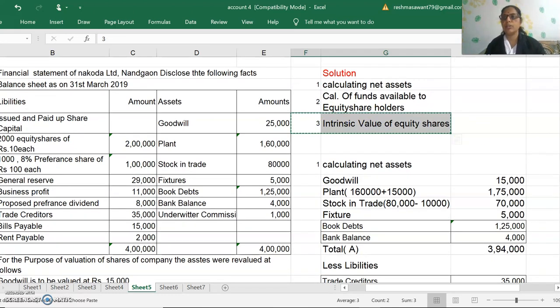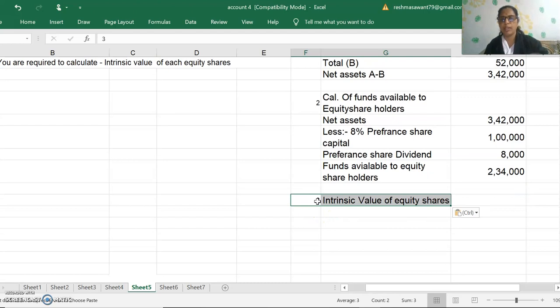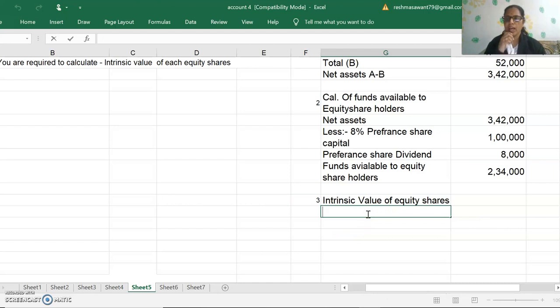It is just the use of a formula. So the third point or the formula: intrinsic value of each equity share is equal to funds available to equity shareholders divided by total number of equity shares.